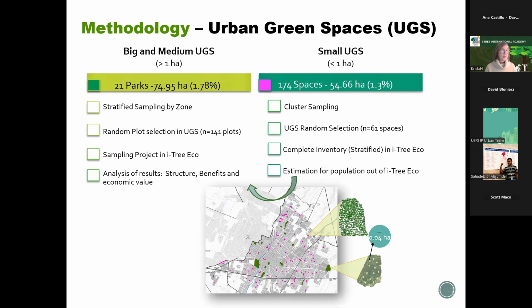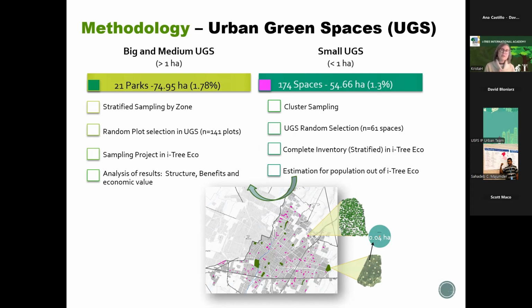What that ended up meaning was that they were collecting information from parks of all sizes in order to see what percent of canopy cover these parks represented, but they were also able to do a sample plot approach for those bigger park spaces, which allowed them to do some stratification, and we'll be able to see those results.